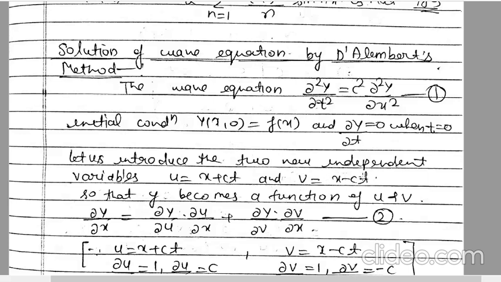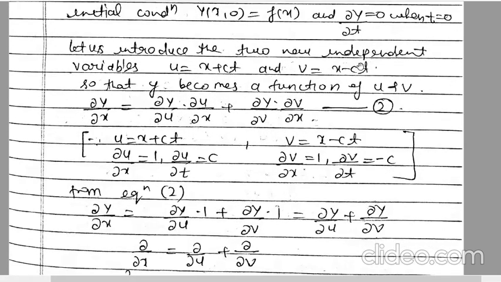For the solution of wave equation by D'Alembert method, we choose two independent variables u and v, and we will get our solution using these two variables. So y becomes a function of u and v.